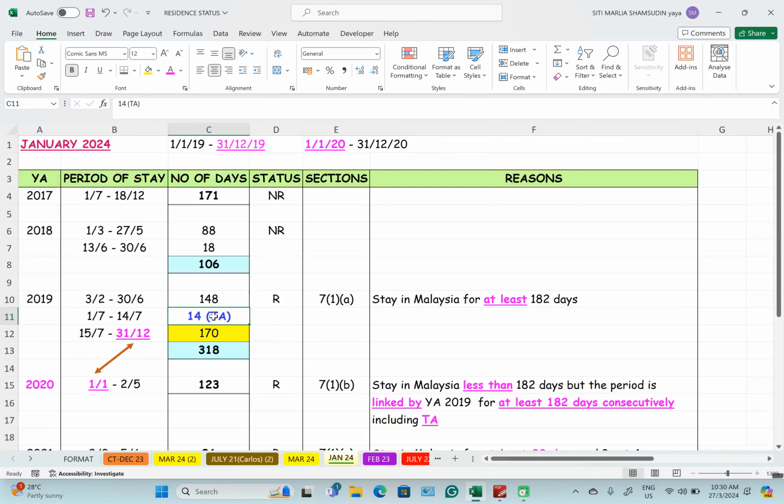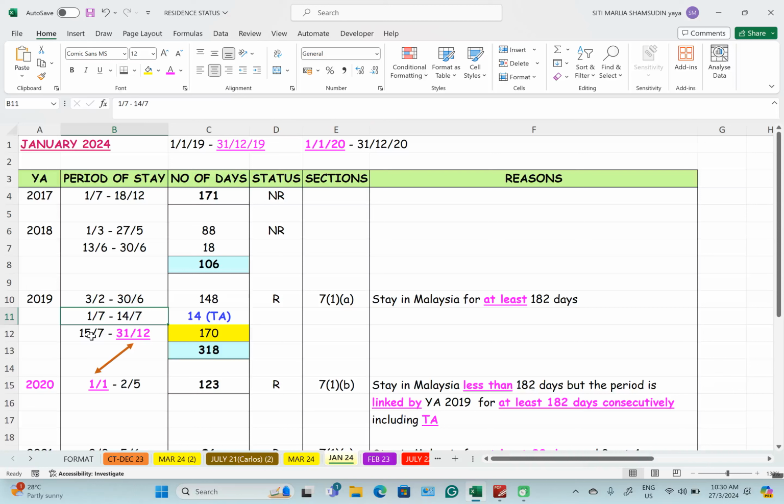This is TA. Remember, guys, what are we doing right now? We are doing link to, link by, isn't it? This is B, right? In B, we can use TA, as long as before and after TA the taxpayer is present in Malaysia. So let's check it out. TA starts 1st July. So before 1st July, 30th June: present, right? Present. Last TA day, 14 July.